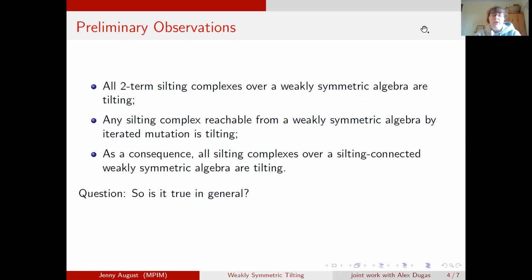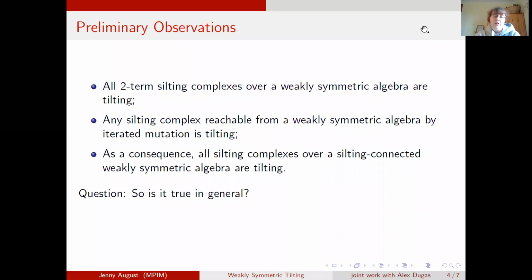Because there's lots and lots of results about 2-term silting complexes for general finite dimensional algebras, you can put a few of these together and quite easily see that over a weakly symmetric algebra, all 2-term silting complexes are tilting. So at least on this very restricted class of silting complexes, our hypothesis is true.